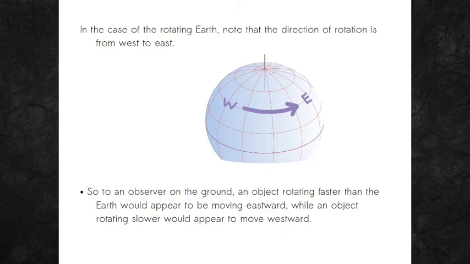And what this means is that relative to an observer at the ground, if you have some air mass in the atmosphere that's rotating faster than the Earth, an observer on the surface of the Earth would see that as a motion towards the east, right? If it's spinning faster than the Earth is spinning, then relative to an observer on the ground, it would look like it's moving towards the east.